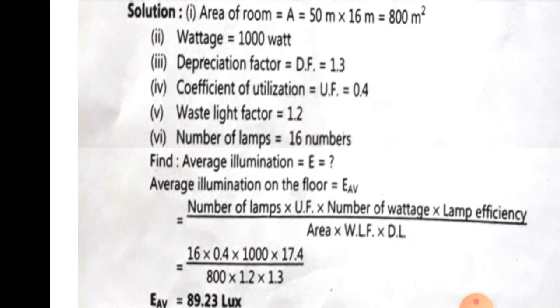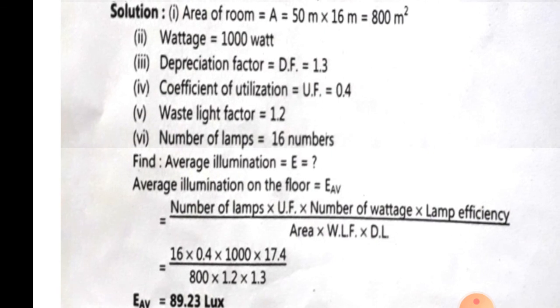Now we have to find out average illumination on the working plane. Average illumination equals number of lamps into utilization factor into wattage into lamp efficiency, divided by area into waste light factor and depreciation factor. This is the direct formula. If MSCP is given, then we have to solve by that method, which we have seen earlier.